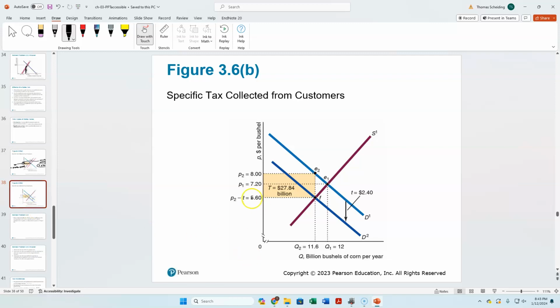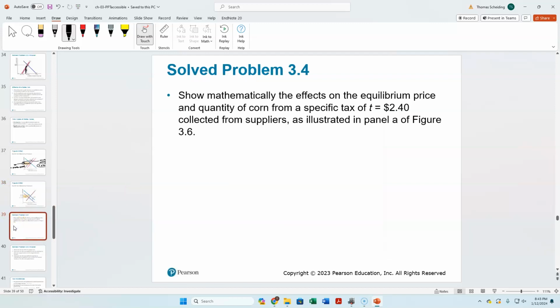But it doesn't matter. You still get the same result: 80 cents paid by the consumer and $1.60 paid by the producer. So legal incidence doesn't matter. It doesn't matter who is ultimately paying the government. What matters more is the economic incidence, meaning how this is being split up between consumers and producers.